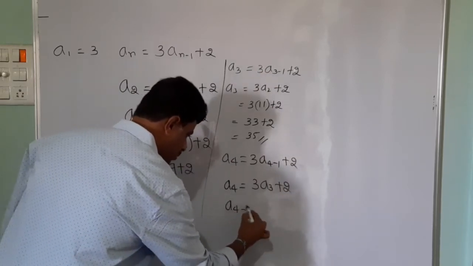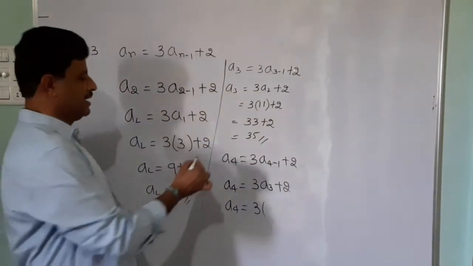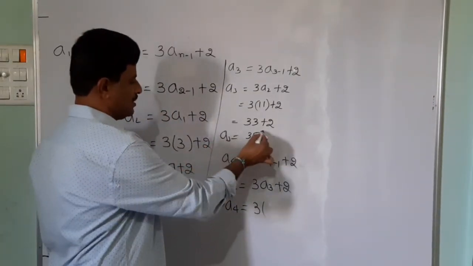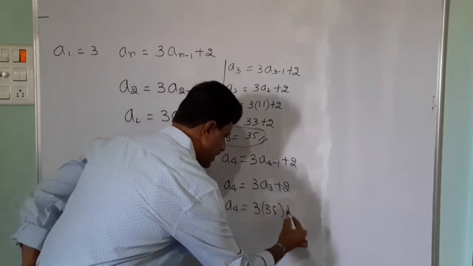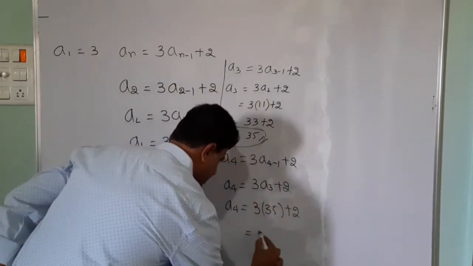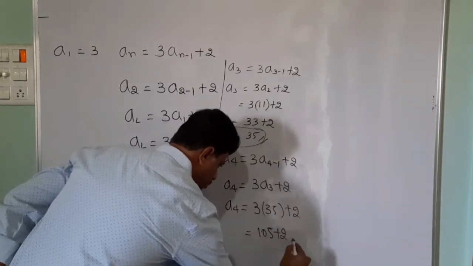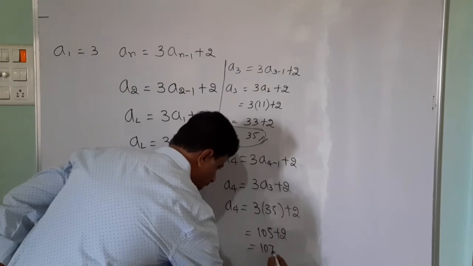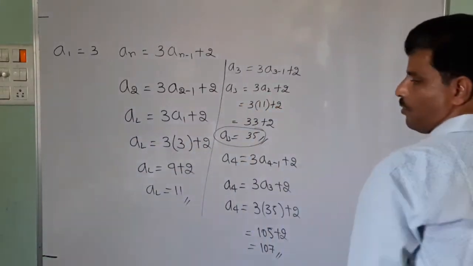What is the value of A3? A3 was already found, it is 35. So put 35 plus 2. 3 into 35 is 105, plus 2, 107. So this is the value of A4.